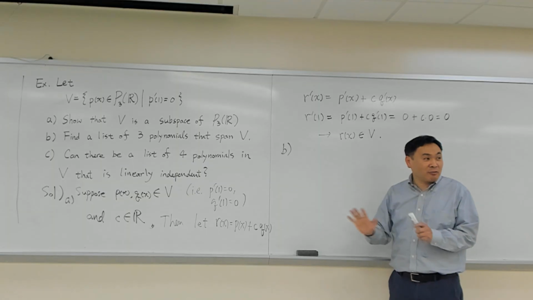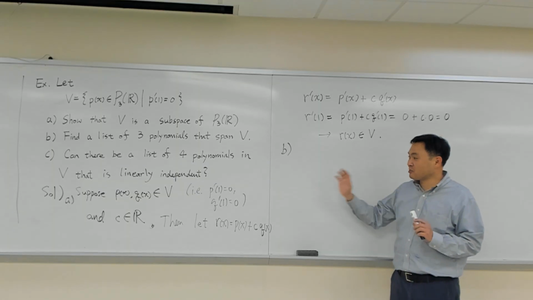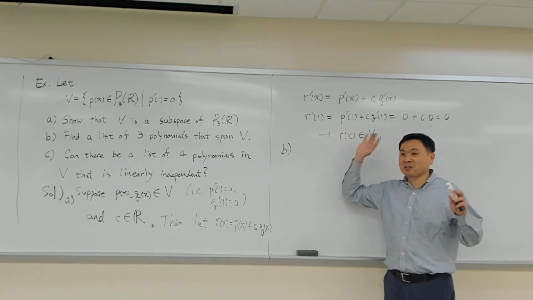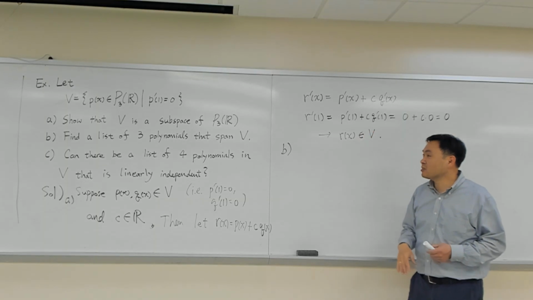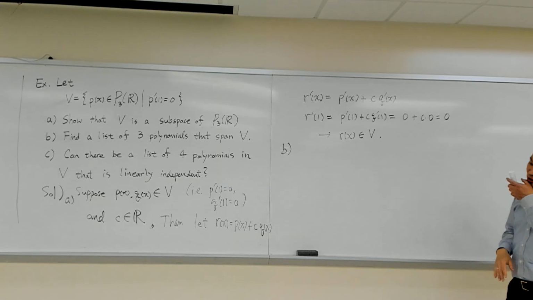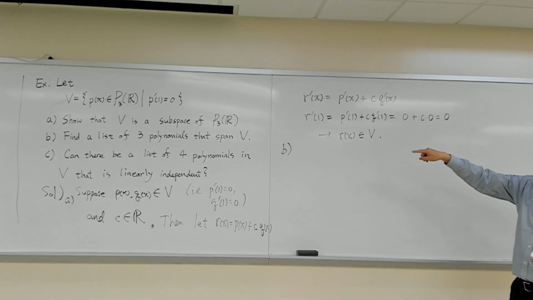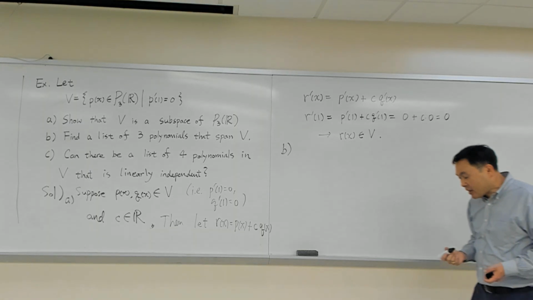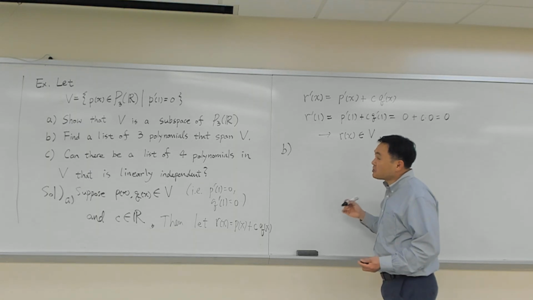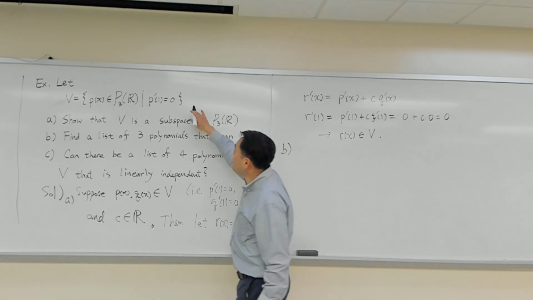You don't have to have your hands dirty. You can just say something at an abstract level, and you don't have to go down to the details. But when it comes to constructing explicitly 3 polynomials, you do have to get your hands dirty. And what I mean by that is you have to explicitly think about what are all the elements in here.